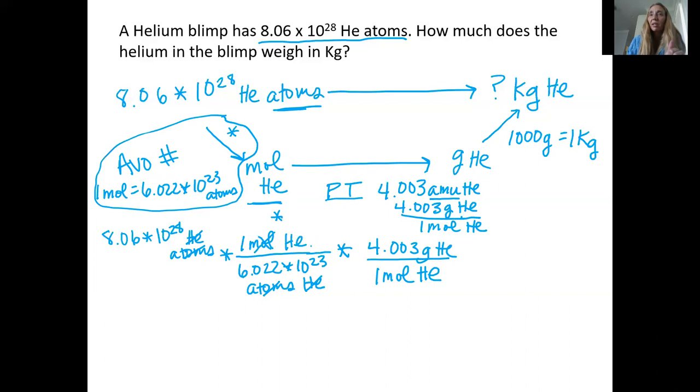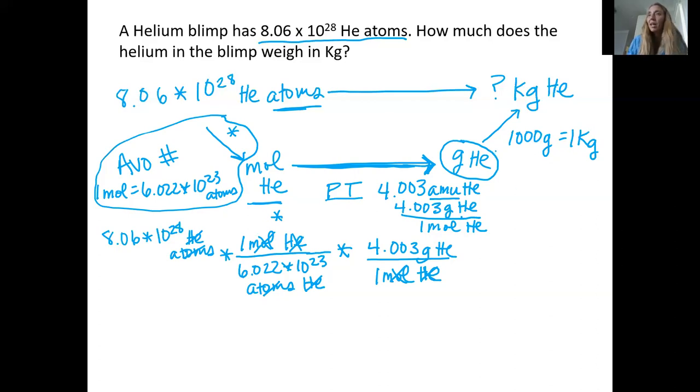So moles of helium cancels with moles of helium. This dimension is from this arrow right here, right? And we're left with the unit of grams of helium, which is the same as this grams of helium right here. Okay, so every arrow is a dimension. Every spot in that dimension tells us what units we should be at.